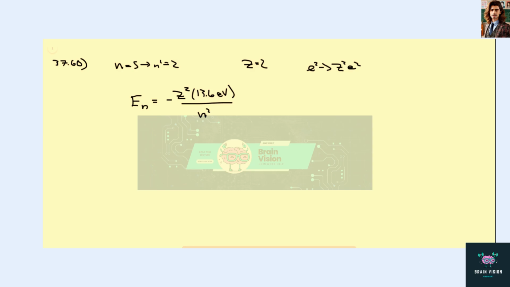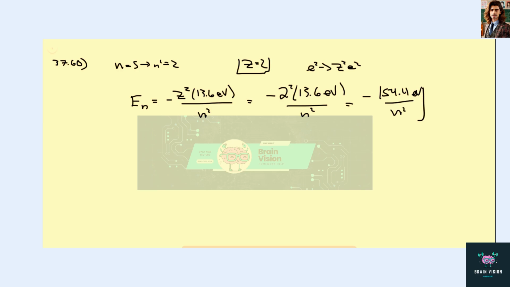Okay, so for helium, we said Z equals 2 here, so let's plug that in. So we have negative 2 squared times 13.6 eV over n squared. So this is the same as negative 54.4 eV over n squared, and that's our E_n.